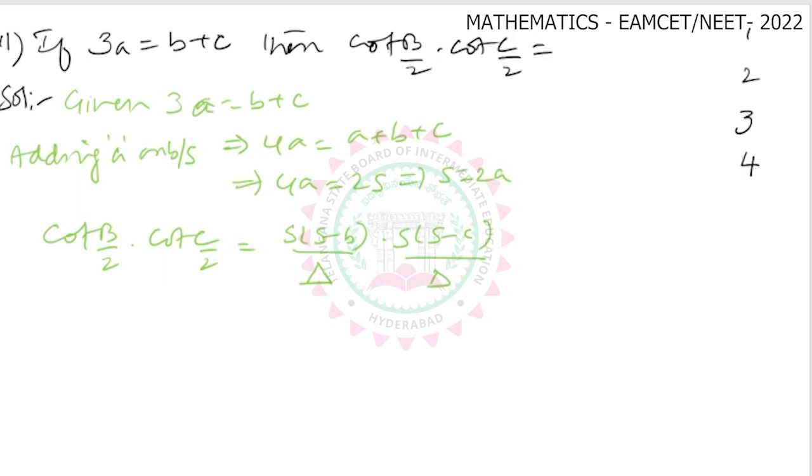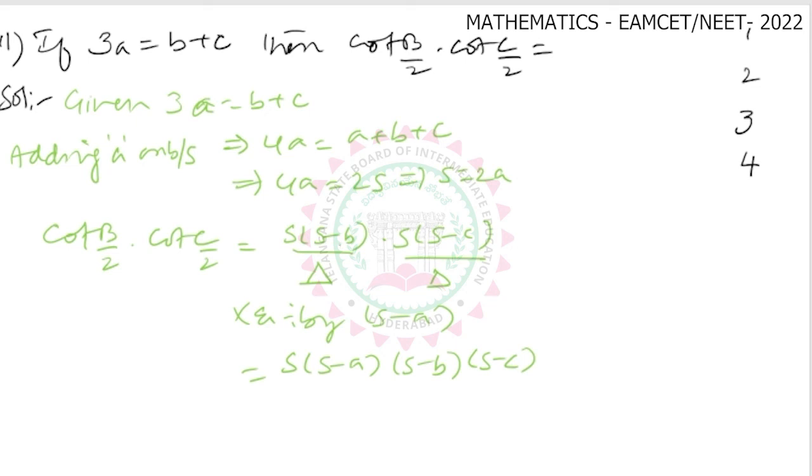So, there is a requirement of s minus a in the numerator. So, what I am doing, multiply and divide by s minus a. So, this gives me s into s minus a into s minus b into s minus c.